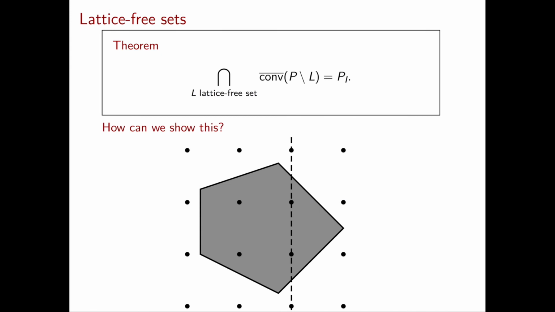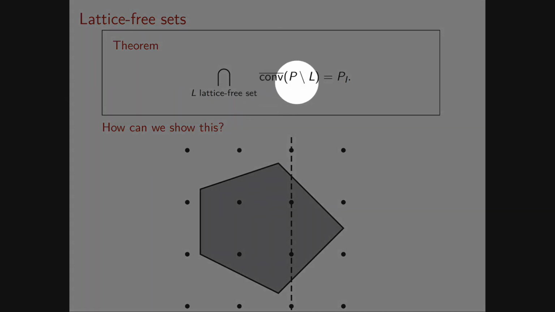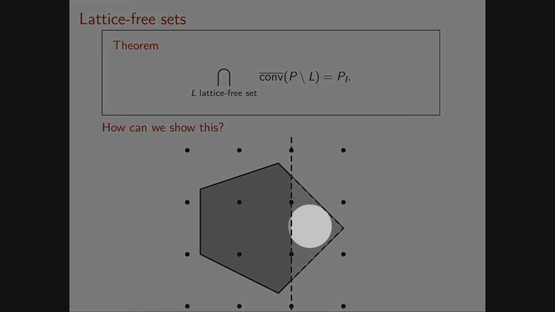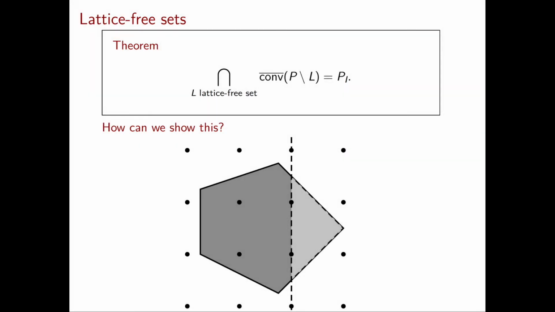And now what I need to show you is that this inequality is valid for the closed convex hull of P minus L for just one specific lattice-free set L. From the picture, it's kind of clear that we should take as the lattice-free set exactly what is chopped off by the inequality, which in the picture is this triangle, which is a lighter shade of gray.